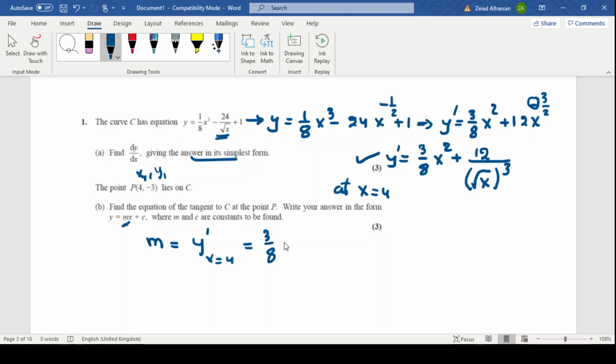That is equal to 3 over 8 times 16 plus 12 over square root of 4, which is 2, power 3 is 8. And then we can simplify. Divided by 8, that's a 2, divided by 8, that's a 1, divided by 4, that's a 3, divided by 4, that's a 3. So the answer is 2 times 3 is 6 plus 3 over 3 is 1.